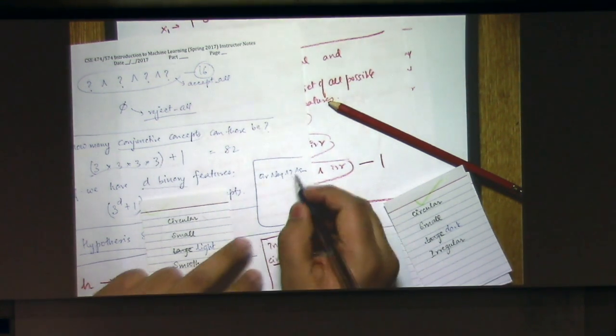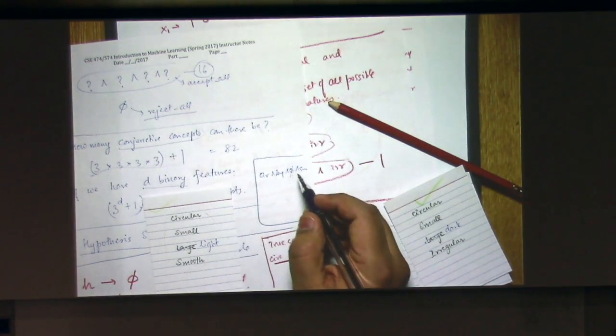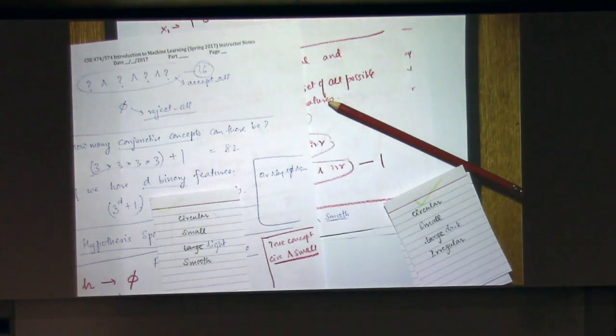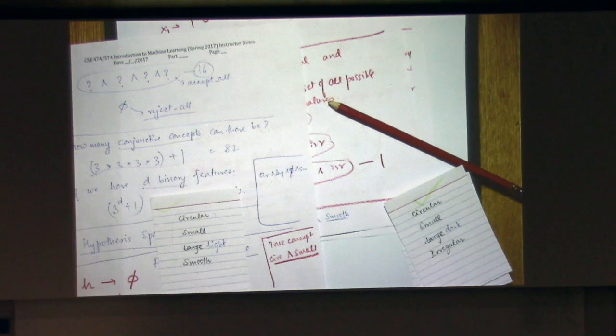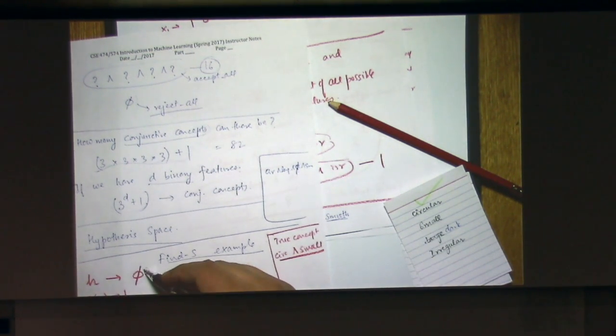Right. So, sorry. Good point. I think if there is a reject anywhere, then it's a reject everywhere. See what I mean? Because if it's going to reject on any value of this, that means it will reject every object, right? It doesn't matter what the other things are. That's why I typically write the reject all as only one of these.